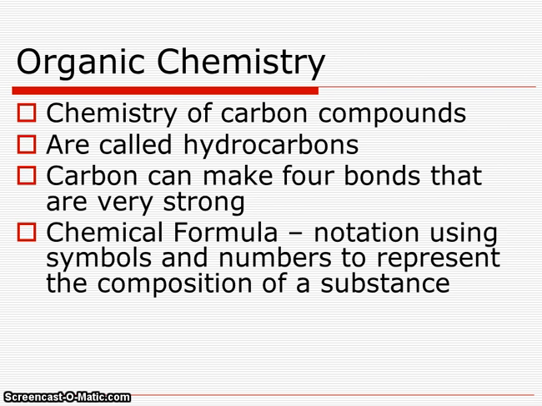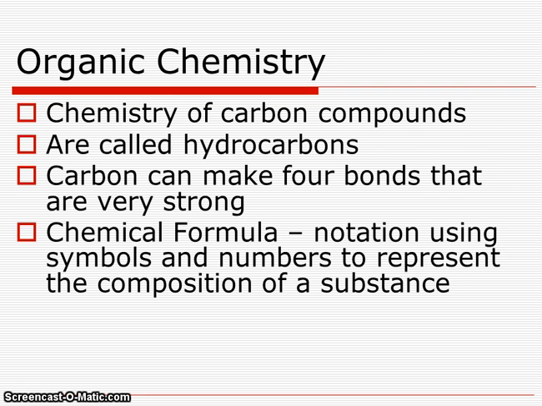Now, there are 2 things that we're going to deal with in organic chemistry. First is our chemical formula, which tells us what types of atoms are present in the compound and in what ratios. If we look at water as an example, water has the chemical formula H2O, which means it contains hydrogen atoms and oxygen atoms in a ratio of 2 hydrogen atoms for every 1 oxygen atom.